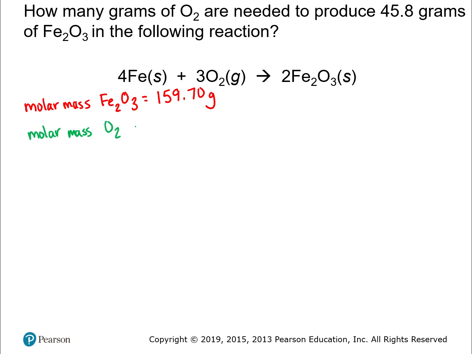The molar mass of oxygen, the gas, remember that there's 2 oxygen atoms in oxygen gas. So that is going to be 32 grams. Now we can start setting up the problem.